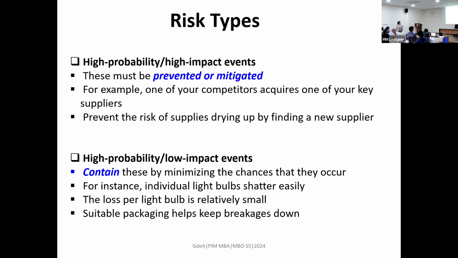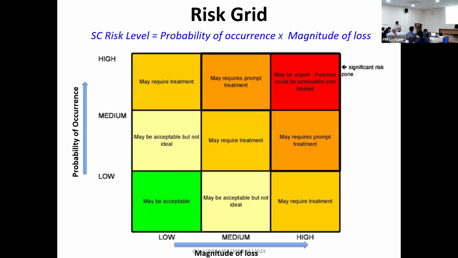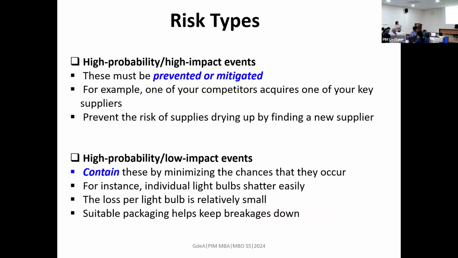Now, high probability, low impact events: you are somewhere here. You must contain that, minimizing the chances that they occur. You can't fully eliminate them, but you will try to contain the impact.